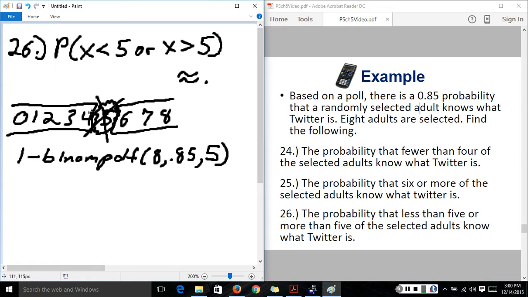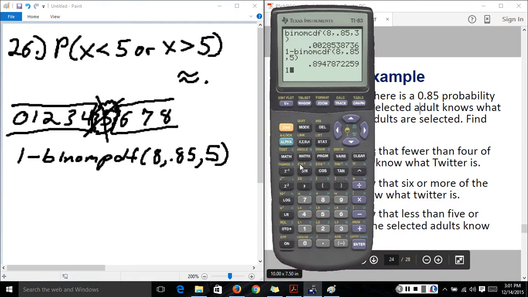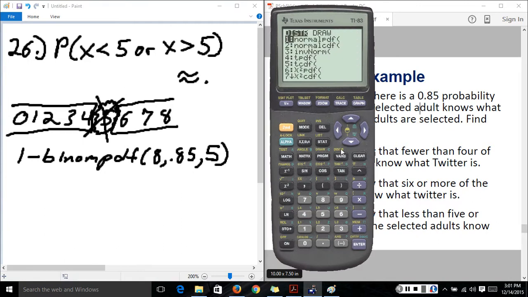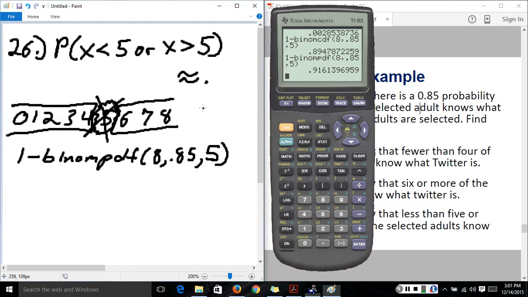And what I'm left with is everything I originally wanted. This cuts out quite a few steps. And I get my answer. 0.9161.